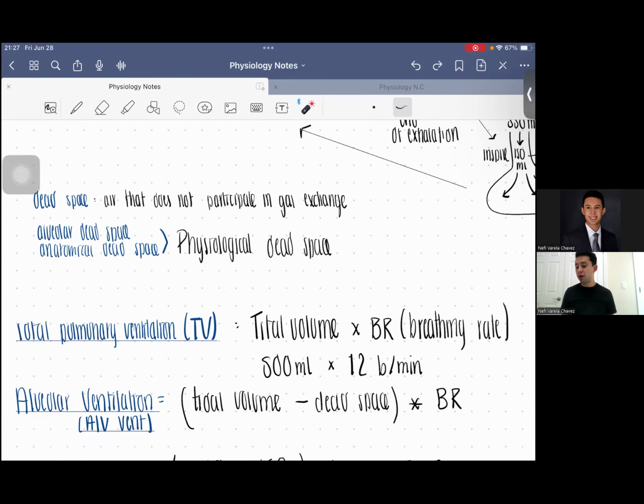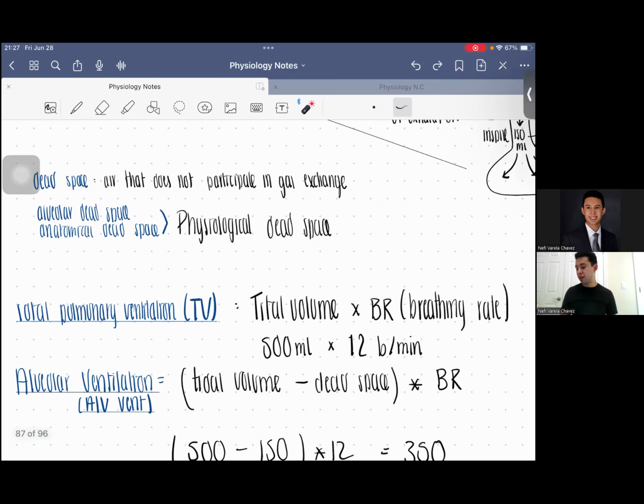So now, to calculate total pulmonary ventilation, we are going to use this unit named tidal volume. Tidal volume is going to be the volume of air that we take in and out in passive breathing. So it's going to be tidal volume times breathing rate.